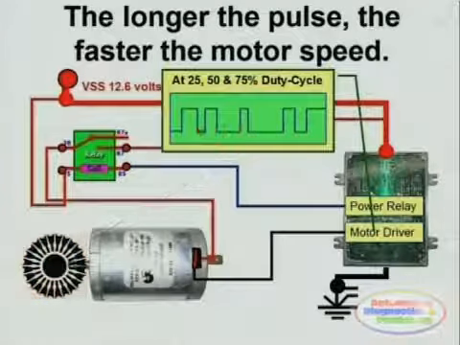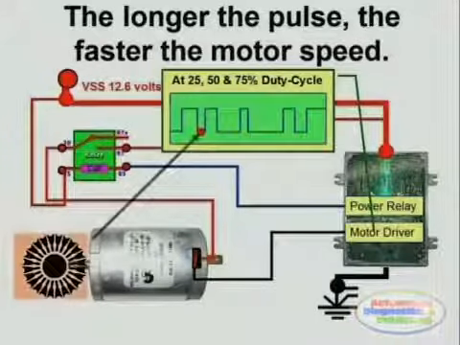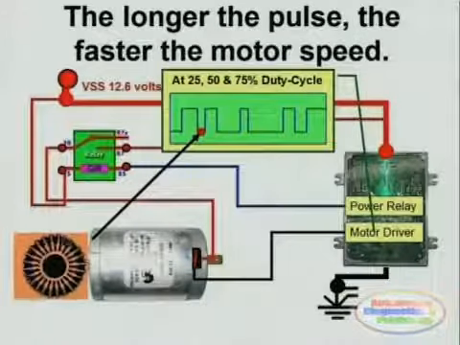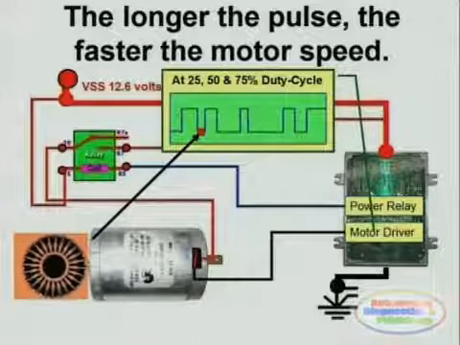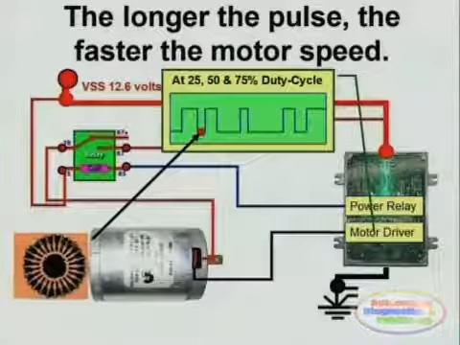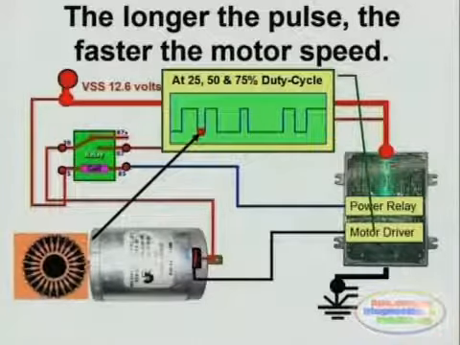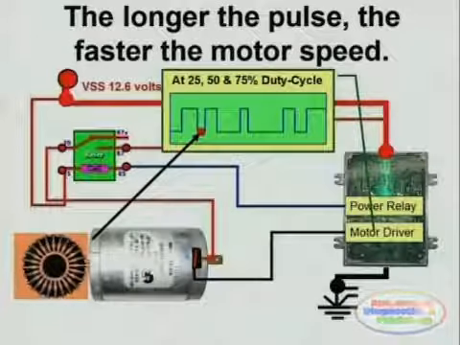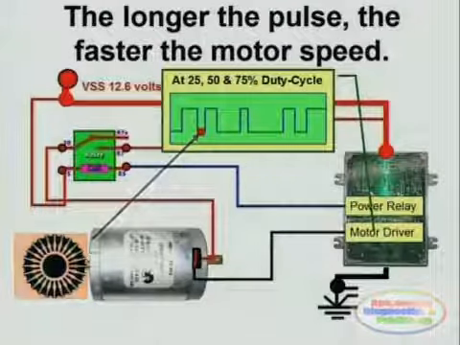Again, here we see a very short or very low duty cycle, probably in the range between 10 and 25%, and this will make, in this particular case, the fuel pump turn very slow. You will need this condition again during a non-loaded idle condition.